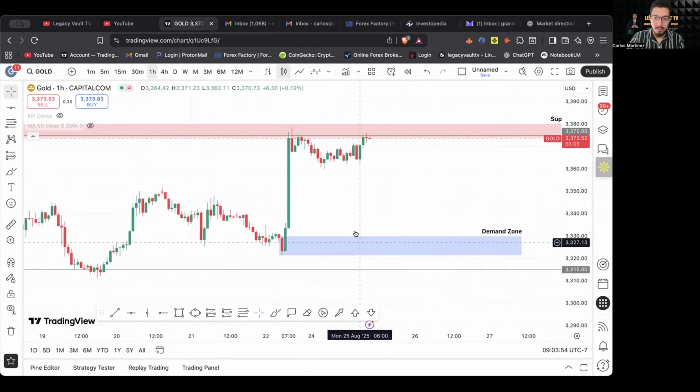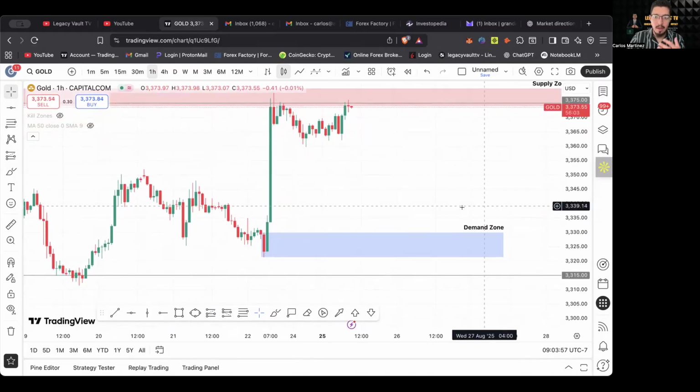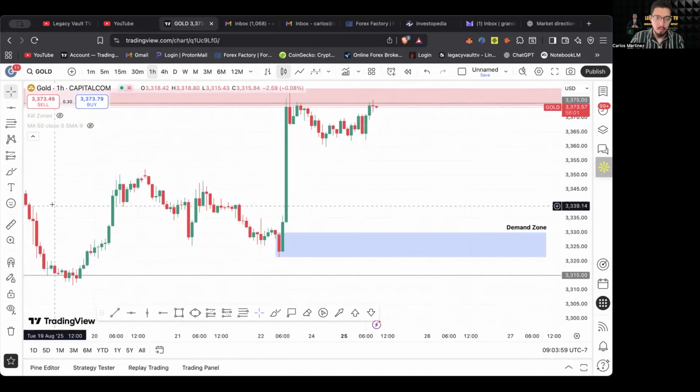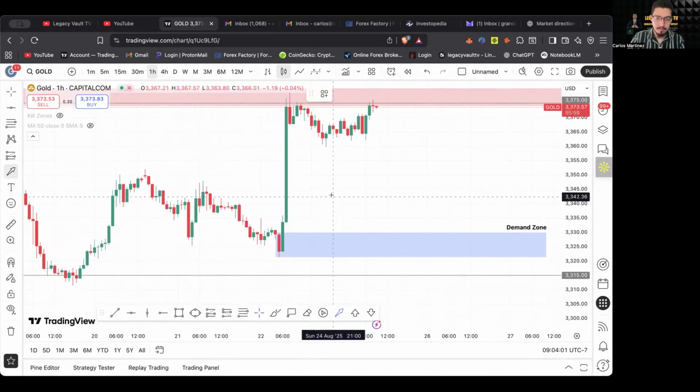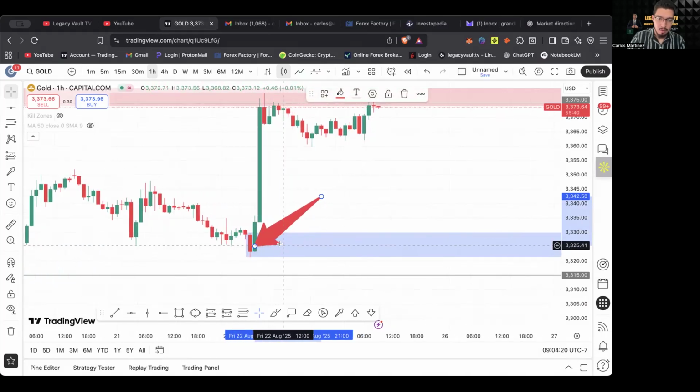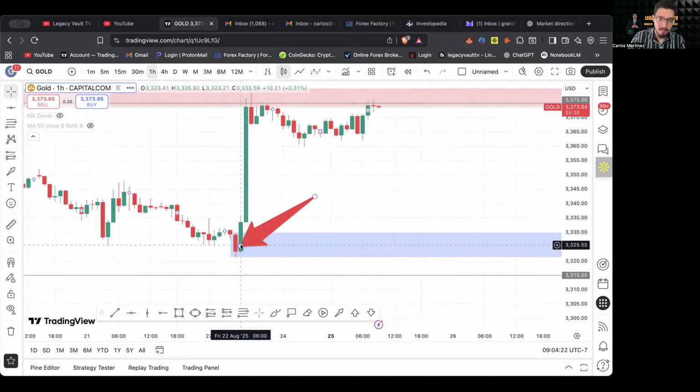And a demand zone is an area where there's high buying pressure, and it resulted in this bullish candlestick, and also resulted in an order block here, this bearish candle. This bearish candle, because it liquidated the candles before that, created an order block.